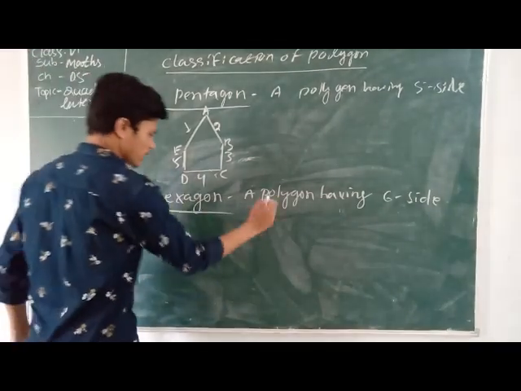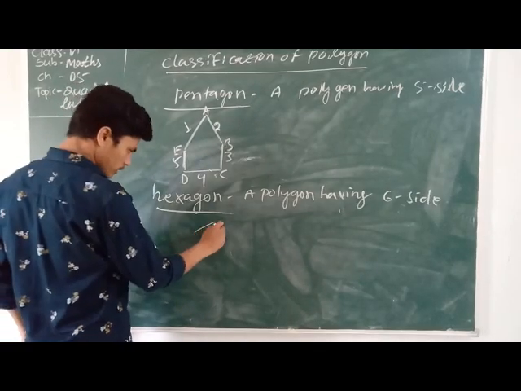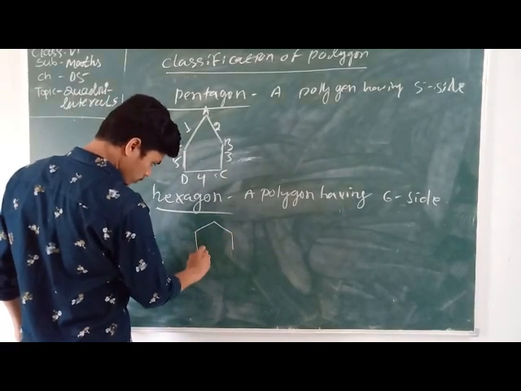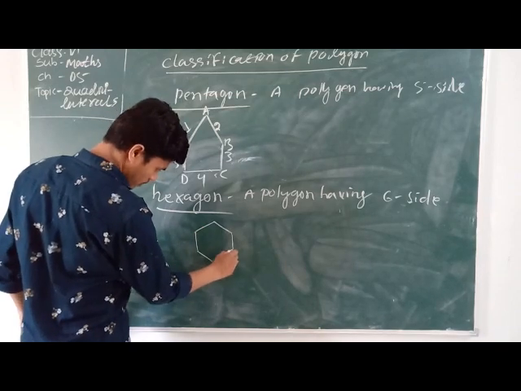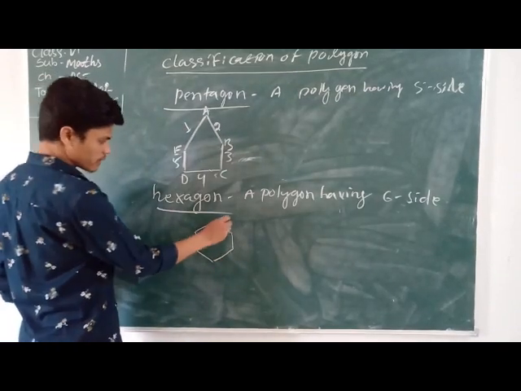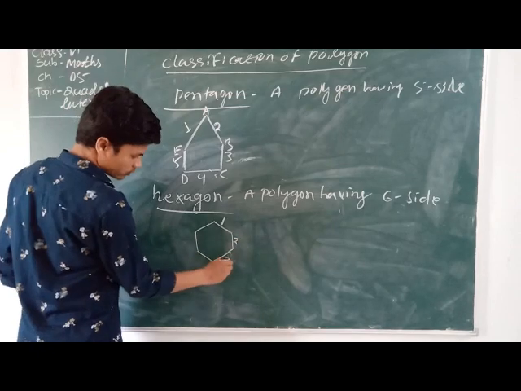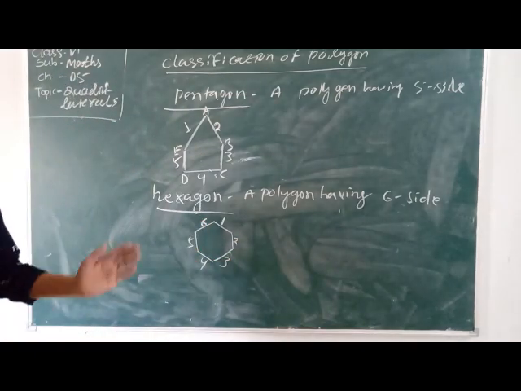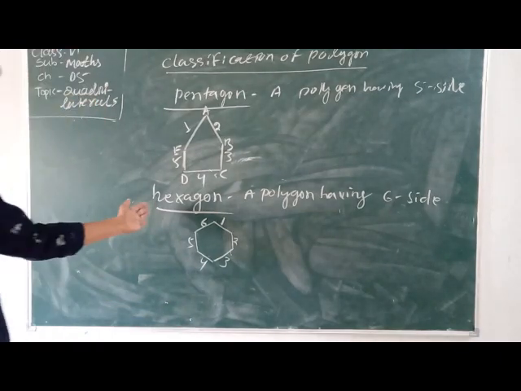Hexagon. And how is a 6-sided hexagon formed? 1, 2, 3, 4, 5, then 6. See how many sides are there? 1, 2, 3, 4, 5, 6. Then a polygon having 6 sides, that is called what? Hexagon.